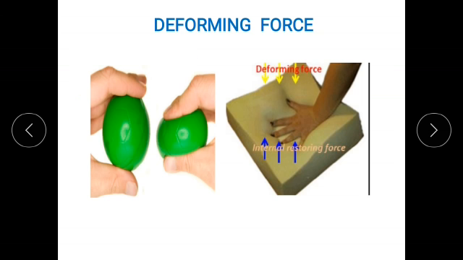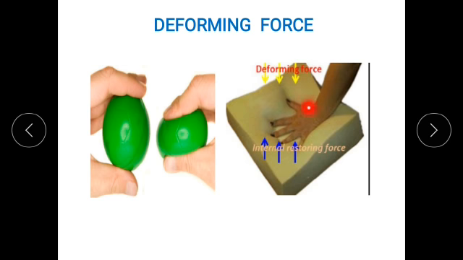Here observe these photographs. Here it is observed that when we compress that object, that means when external force is applied, then that body gets compressed, and this is the external force.